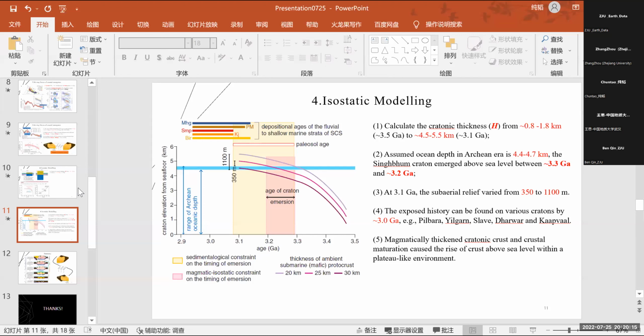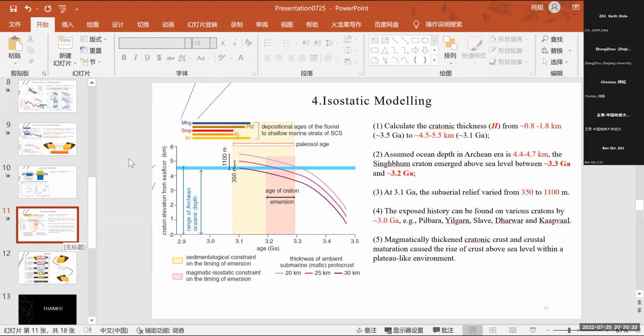Yeah, maybe not too much, because if you have a 3 kilometer ocean, it is equivalent to 1 kilometer of oceanic crust thickness. The density of the crust is about 3 times the density of the ocean water.